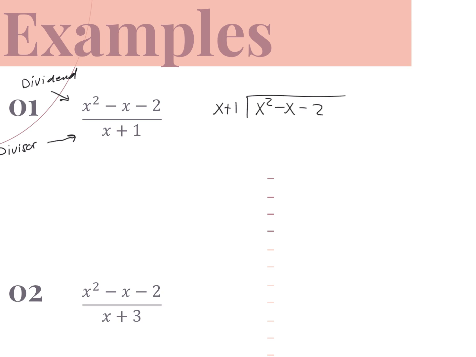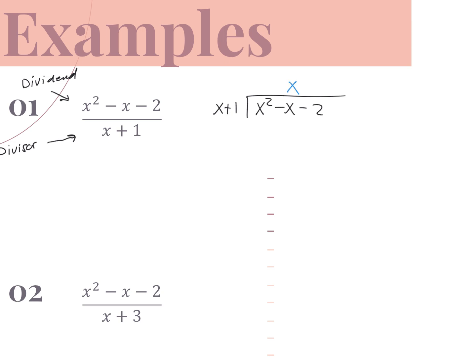All right. And then what you do, similar to long division with numbers, is take my divisor and ask what do I need to multiply this by to get this first term, x squared? Think about it. The smallest thing that you need to multiply x plus 1 by for an x squared to show up in that product is just x.